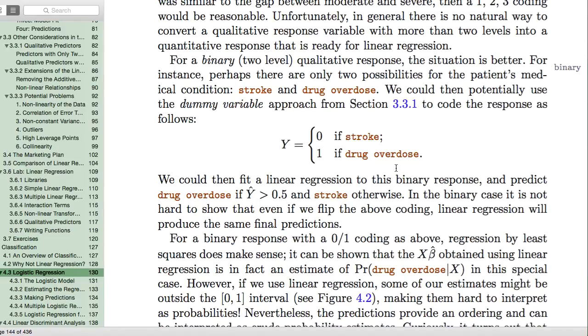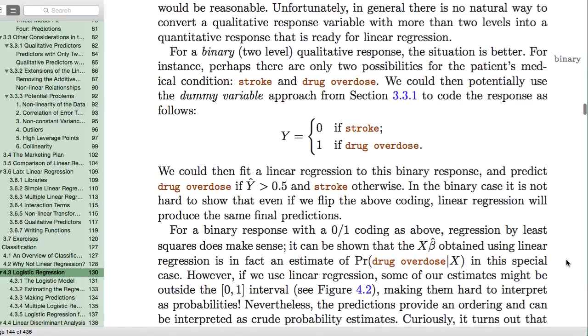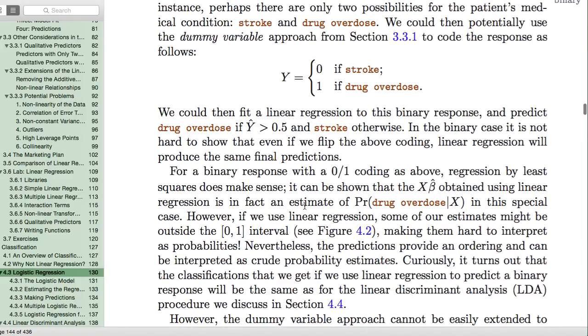If the probability of drug overdose is less than half, then we're going to say that it's stroke. And of course, the case actually is going to be more complicated if we have more than two classes. But we do have this problem, which is that some of our estimates might be outside the 0-1 interval.